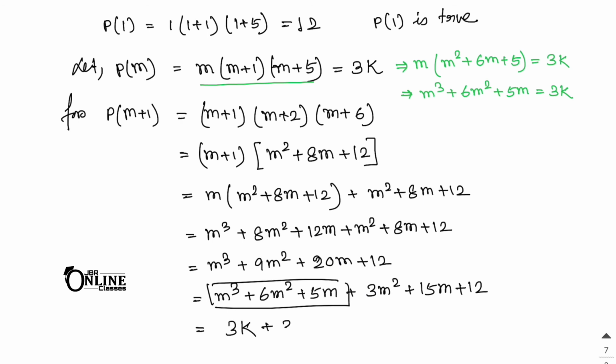So 3k plus 3m square plus 15m plus 12. Now from that you can easily take 3 common. So it will be 3 times (k plus m square plus 5m plus 4), and that is definitely a multiple of 3. So that means P(m+1) is true.